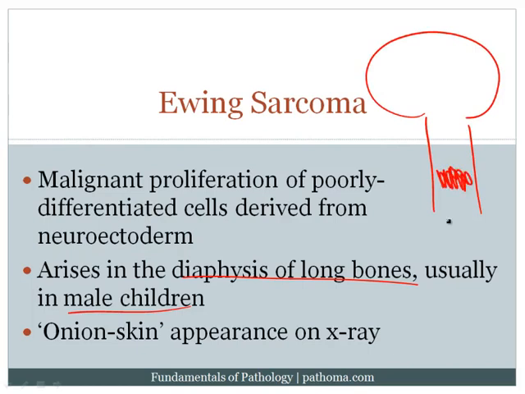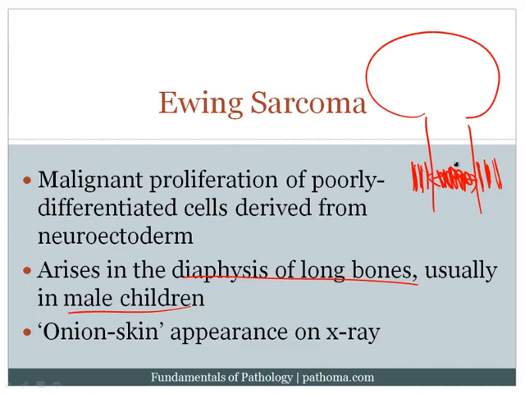Now as it grows inside the medullary cavity, it is then going to push on the surface of the bone, and as it pushes on the surface of the bone, you're going to get layering of new bone by the periosteum. Remember that the periosteum is a connective tissue that surrounds the bone, and it also has the ability to produce new bone. In fact, when you get a fracture, for example, it's the periosteum that forms a new bone.